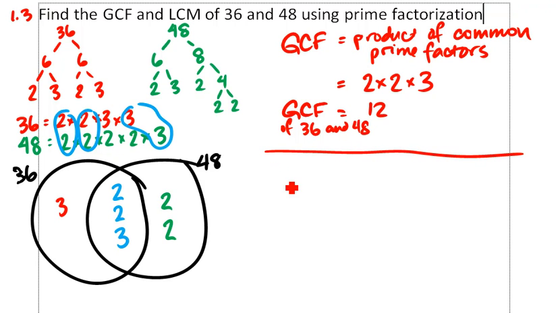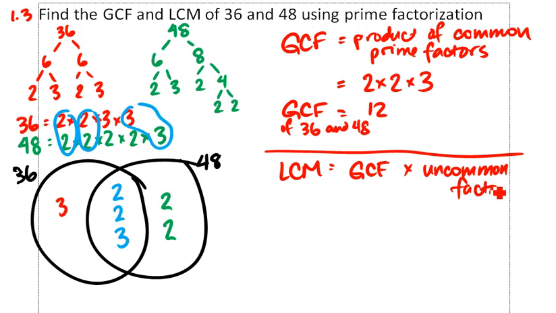Now the least common multiple is found by multiplying the greatest common factor times the uncommon factors. And so the lowest common multiple will be equal to 12 times any uncommon factors. That means the factors that are not in the intersection in the Venn diagram.